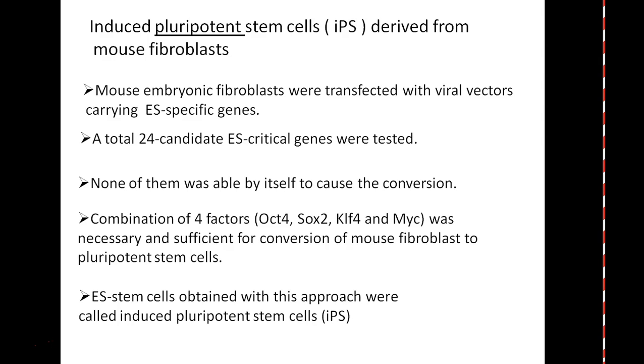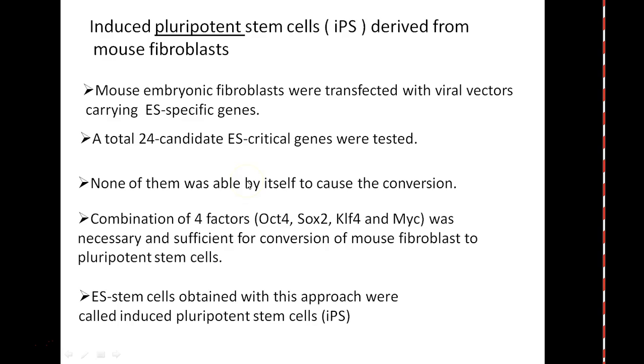So their idea was to put those genes on viral vectors and transfect them into the adult cells, and hope that those genes can reprogram the adult cell to the stem cell state. They were testing 24 genes that were critical embryonic stem cell genes.